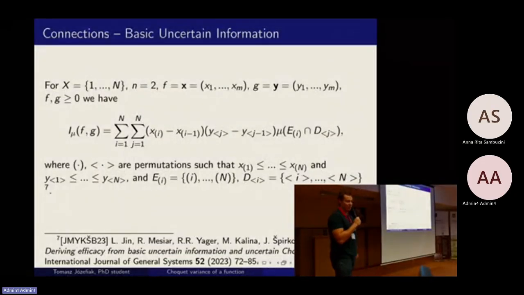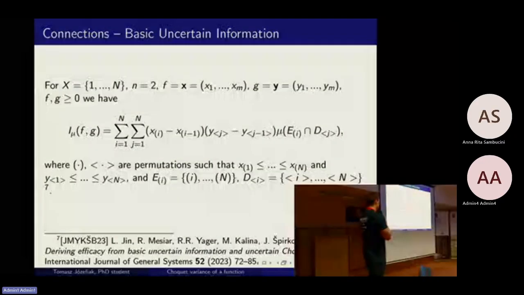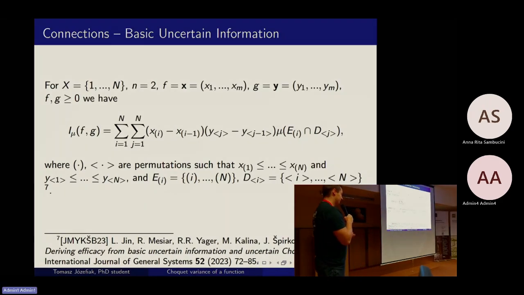Another thing is, I know many of you work with a discrete space. So if we are dealing with a discrete space, then this part of the function, the variance, which is the double Choquet integral, looks like this. And actually something like that has been done in 2023, in the paper entitled Deriving Efficiency from UV.